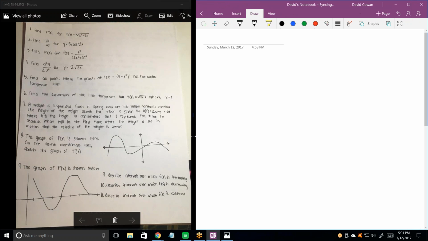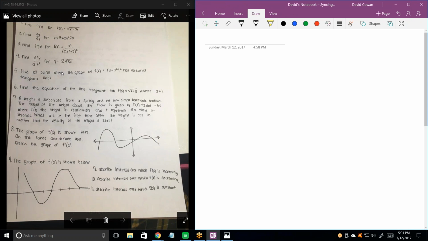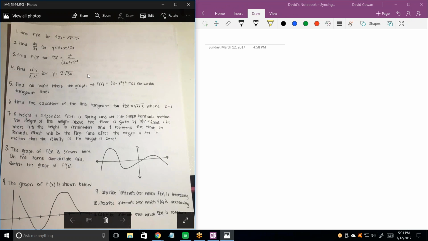Is that big enough that you can read? You probably have it in front of you anyway, so let me get it just a little bit bigger. All right, I'm going to shorten notation just for purposes of writing. Is that all right?